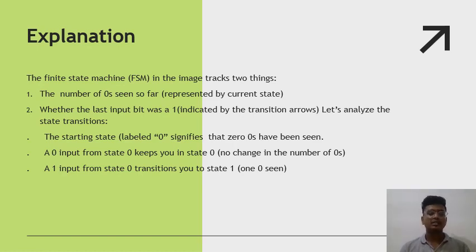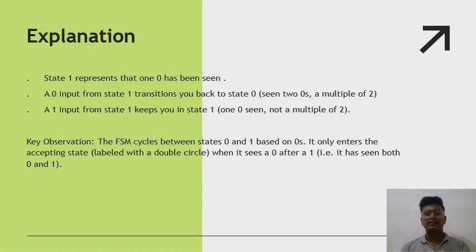Let's analyze the state transitions. The starting state labeled 0 signifies that zero zeros have been seen. A 0 input from state 0 keeps you in state 0, with no change in the number of zeros. A 1 input from state 0 transitions you to state 1, meaning one 0 is seen, and state 1 represents that one 0 has been seen.